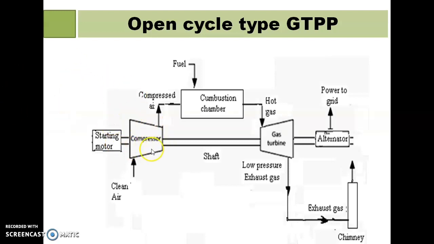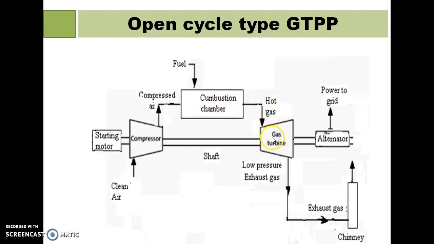As soon as the compressor has started, there is no need of the starting motor, so we can remove it. Then the compressor will take in natural air, where the temperature and pressure of the air is increased. Then this pressurized air is given to the combustion chamber where the mixture of the fuel and air will get burned, producing hot gases.